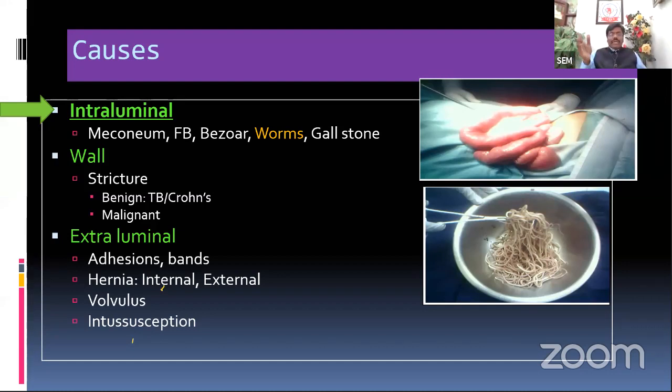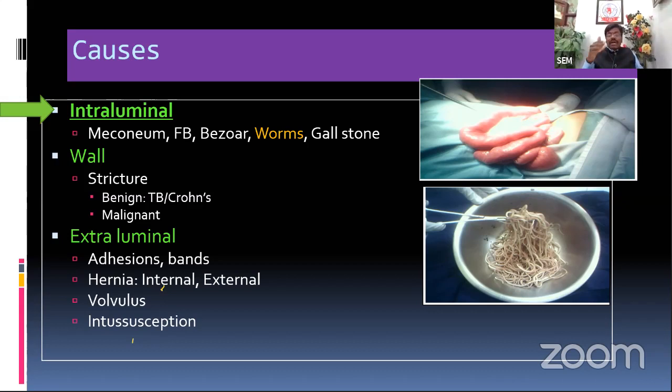The category number one is intraluminal. Especially in our country, one of the very common things, at least in children, is worms. Ascaris lumbricoides or roundworms, hundreds of them, like a worm ball, can cause obstruction. If you see one such condition, you will never forget.